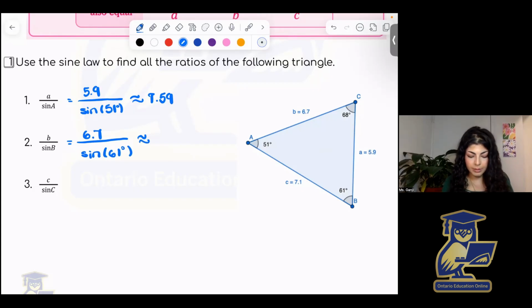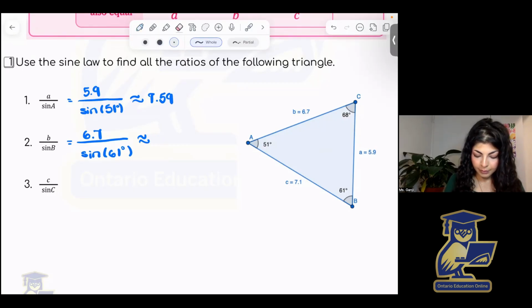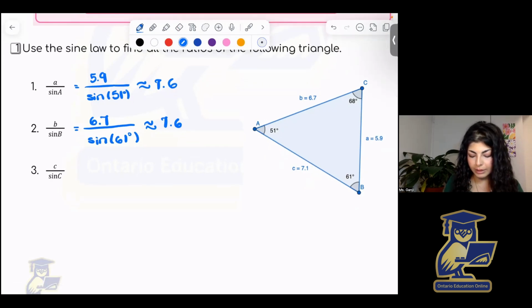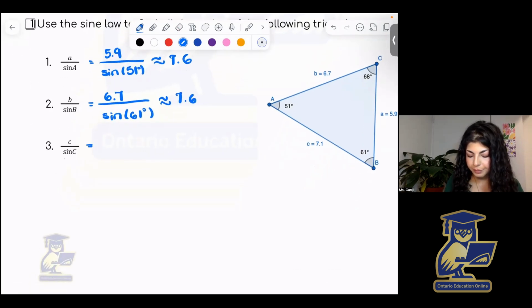And this is approximately, well, let me round to 1 decimal point because there are a little bit minor differences. So that's approximately 7.6 there.